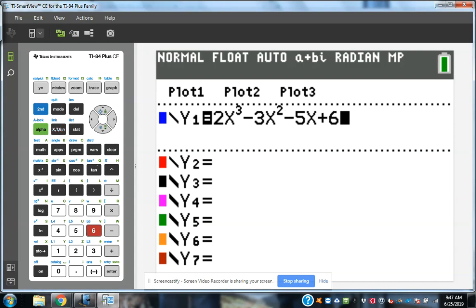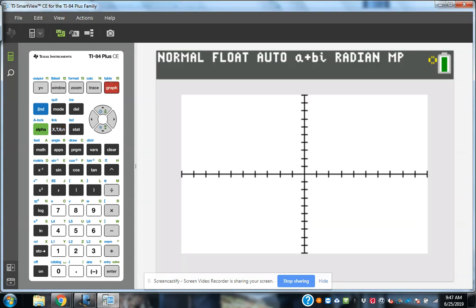That was the original problem, and I'm hitting graph. Notice how many times it crosses the x-axis. It crosses it 1, 2, 3 times. That means I should have 3 real solutions.